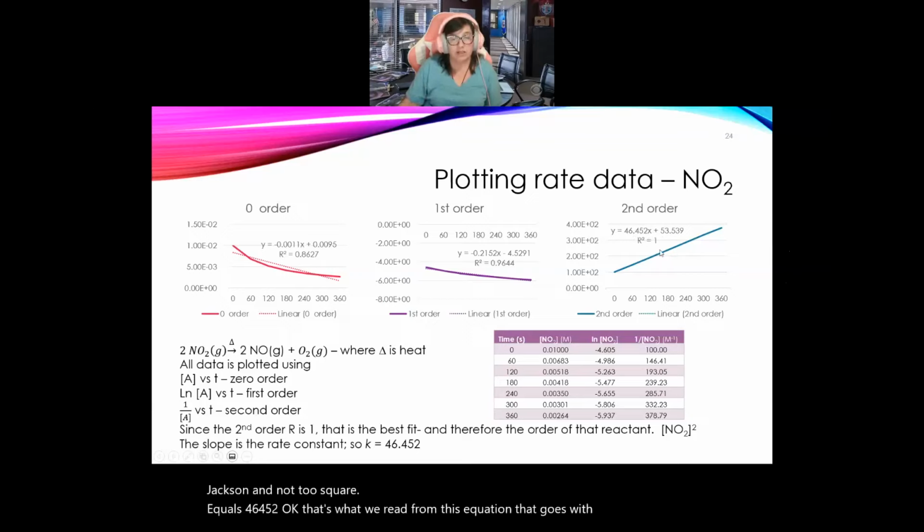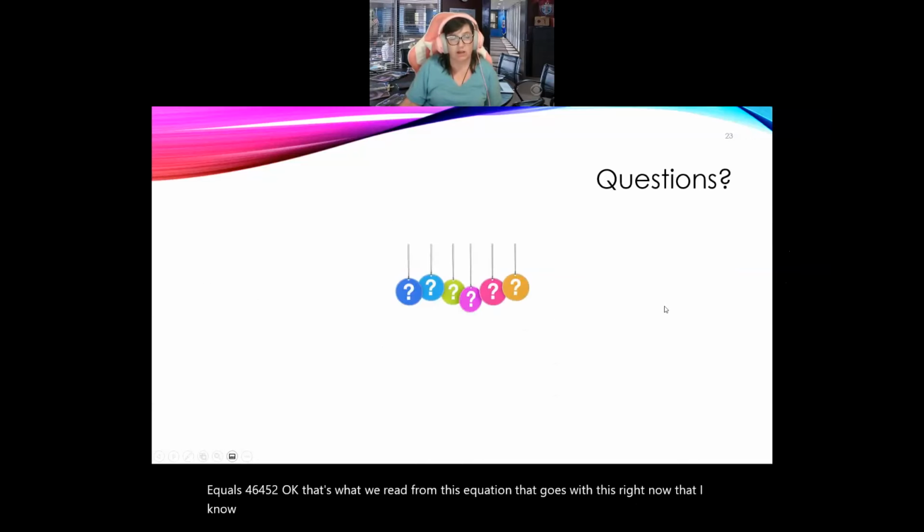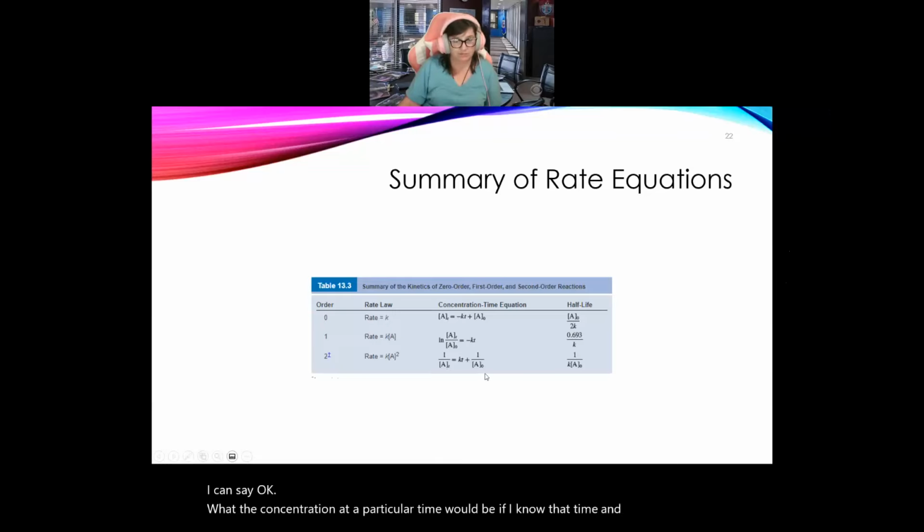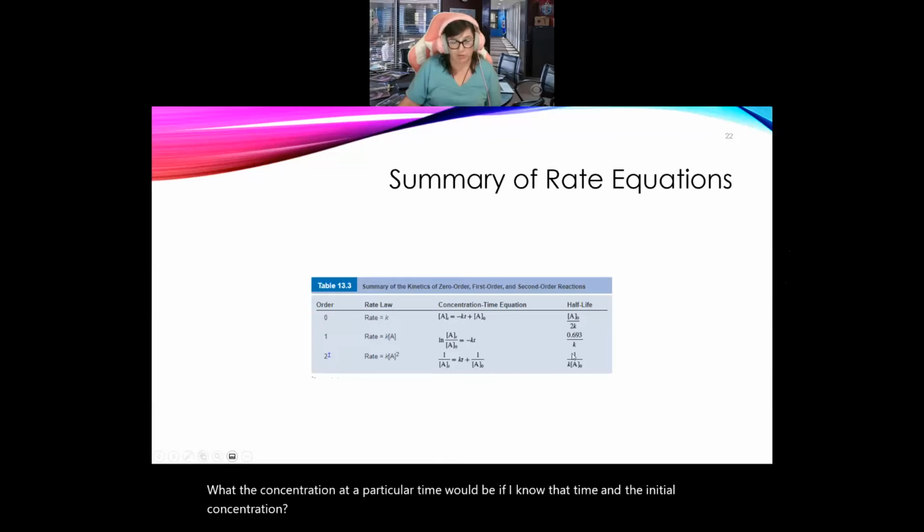All right. Now that I know that this is second order, I can come back and look at all of this, and I can say, okay, rate equals that constant that I just found times the concentration squared. I can say, okay, here's what the concentration at a particular time would be if I know that time and the initial concentration. And here's my half-life expression.